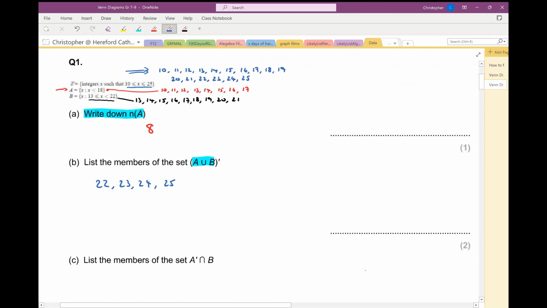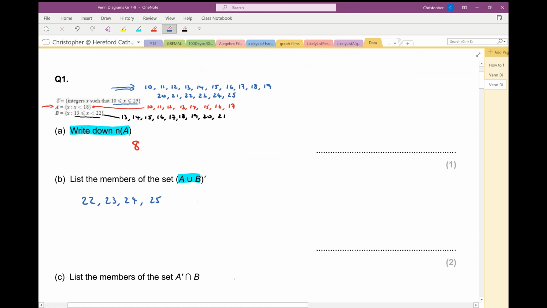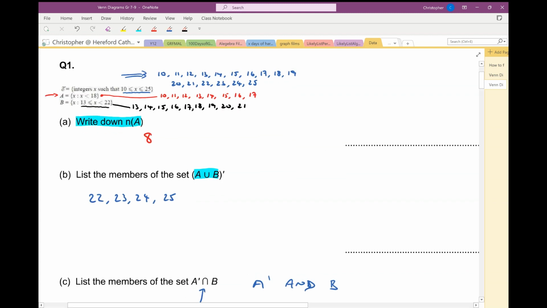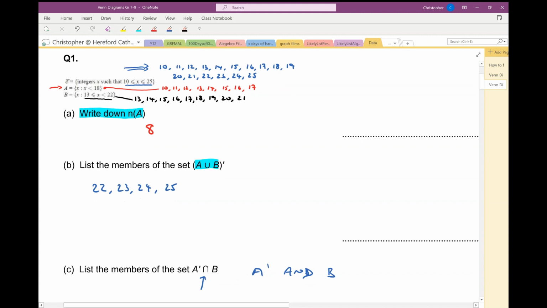Part C. List the members of the set not A intersection B. They have to be in not A, and they also have to be in B, because this is an intersection here. So they have to be not in A and in B. Let's write down the numbers which are not in A, but are in B. Not in A is anything 18 onwards.